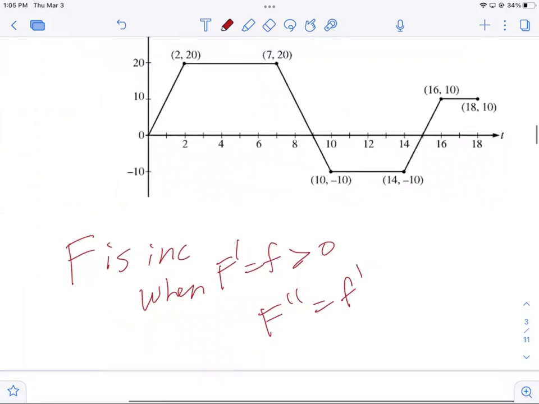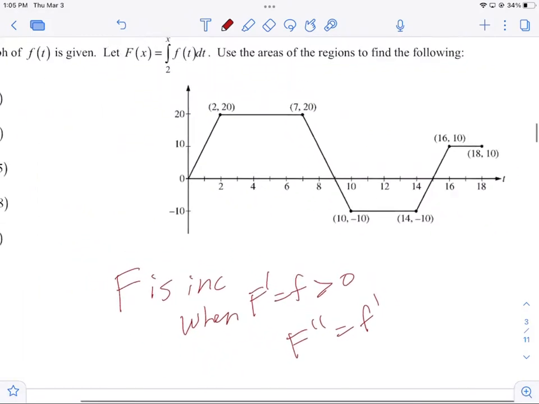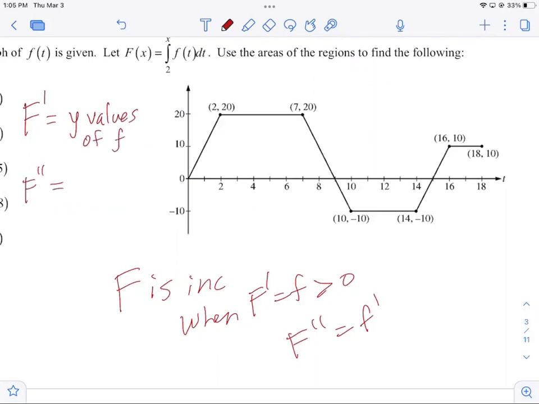So big F prime is equal to the y values of little f, and big F double prime are the slopes of little f.